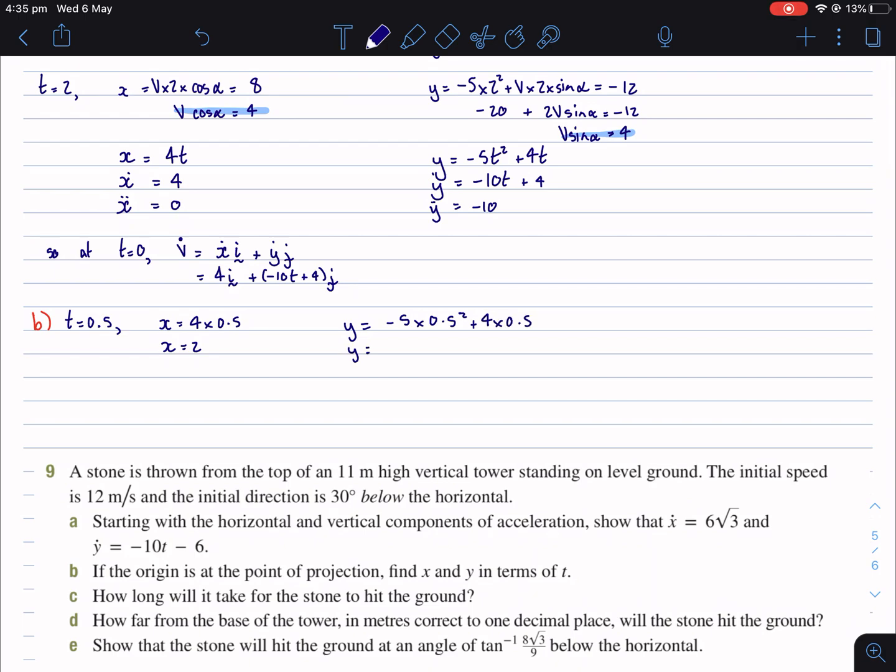So y is 3/4. So the position vector r is xi plus yj. It's going to be 2i plus 3/4 j.